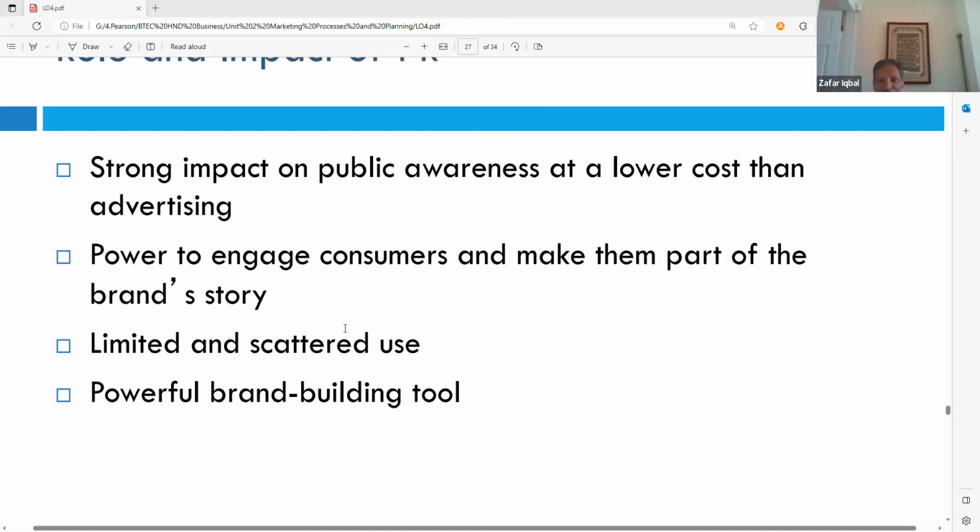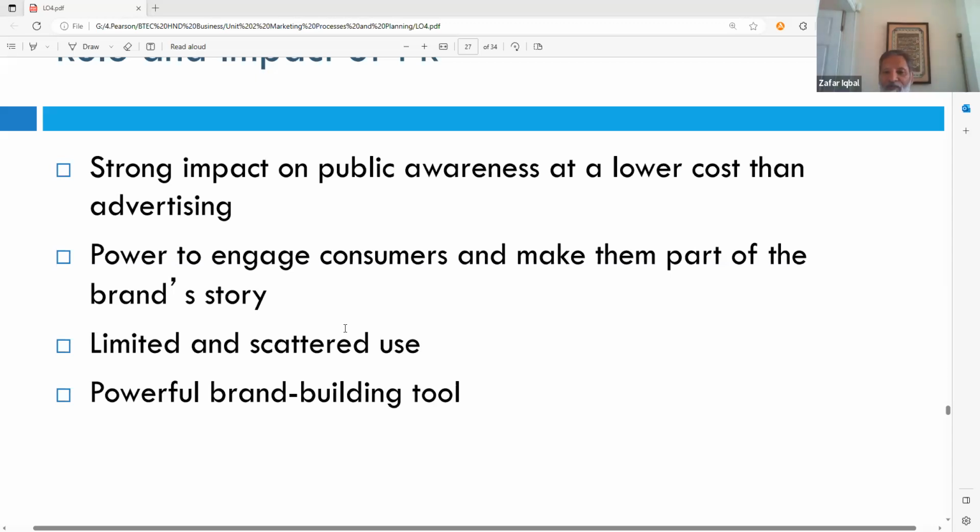Okay, so why do we do this PR campaign? It creates awareness at a lower cost than advertising, than using a TV campaign or other types of media. So it's a cheaper way of creating awareness and building up a relationship between your organization and the consumers.